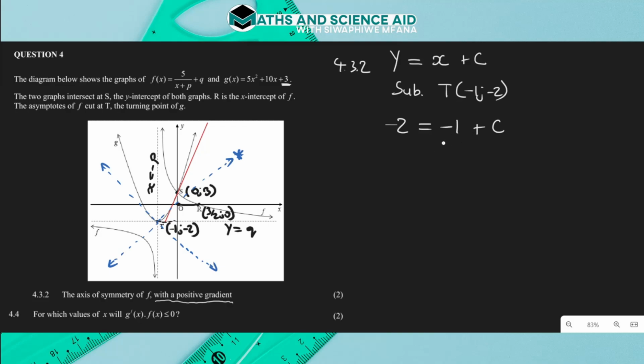And then we just simply transpose -1 to the left-hand side. So we'll get -1 is equal to c. Therefore, the equation for this axis of symmetry is going to be y is equal to x minus 1.